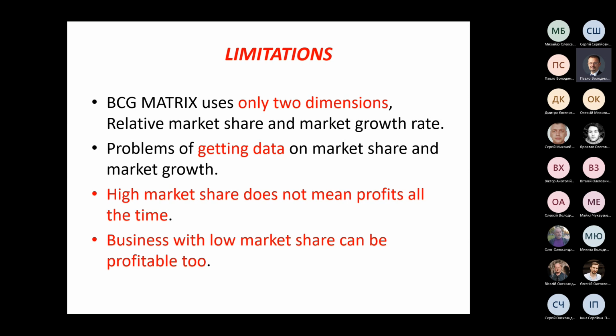So actually I do hope that even if you use this matrix for your companies, it can help to look at your companies from different angles, and it will help you to understand the relationships between different strategical business units.